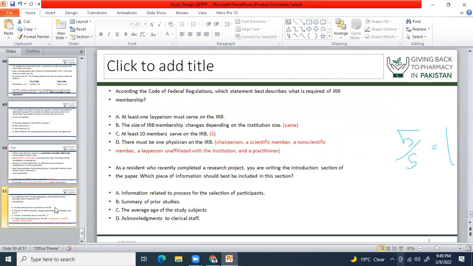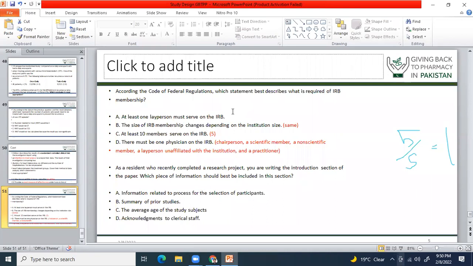So we will go to the last question. According to the Code of Federal Regulations, which statement describes what is required of IRB membership? At least one layperson must be there. I have told you. Yes. The size of the IRB changes depending upon the institution size. No, it will remain the same, whether you have a bigger institute or a smaller one.